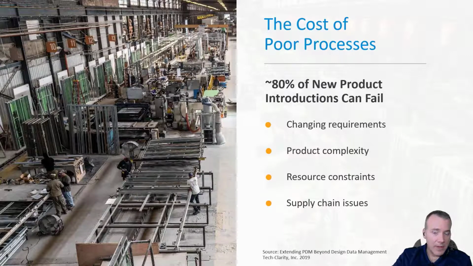What we've been talking about for the last several weeks could help resolve issues with resource constraints, because better processes generally lead you to having more time to add value to what you're doing, right? So PLM can help with all of these reasons that product introduction can fail.